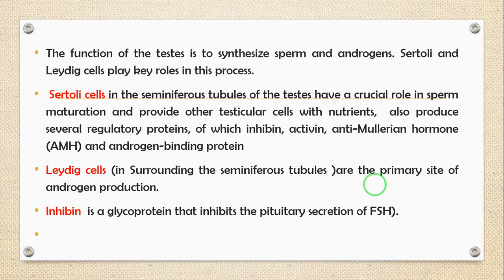The most important of these regulatory proteins produced by the Sertoli cell are inhibin, activin, the AMH, or what is called the anti-Müllerian hormone, and also the androgen binding protein. So this is the function of the Sertoli cell.